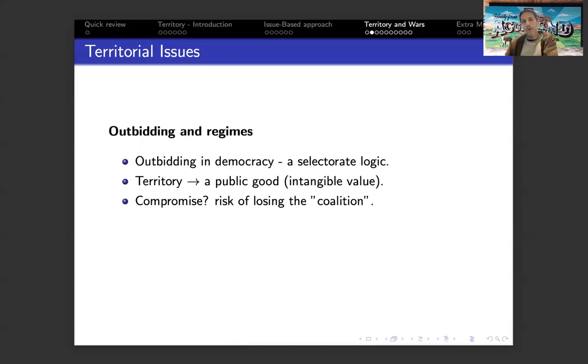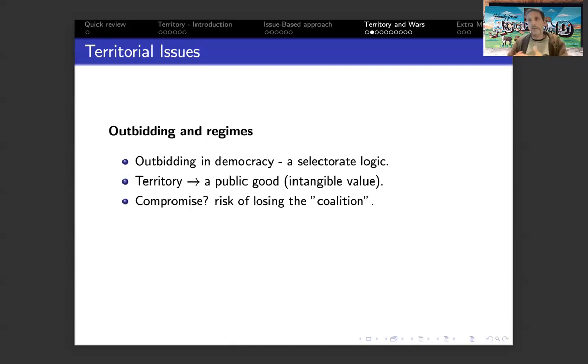Leaders of democracies will try to frame the territorial issues as a public good, which will be beneficial to all citizens, right? Remember, when we talked about selectorate theory logic, leaders are providing public goods because they cannot provide private goods to all their supporters, all their winning coalition supporters, because there's a lot of people. So they will actually emphasize the intangible aspect of territory.